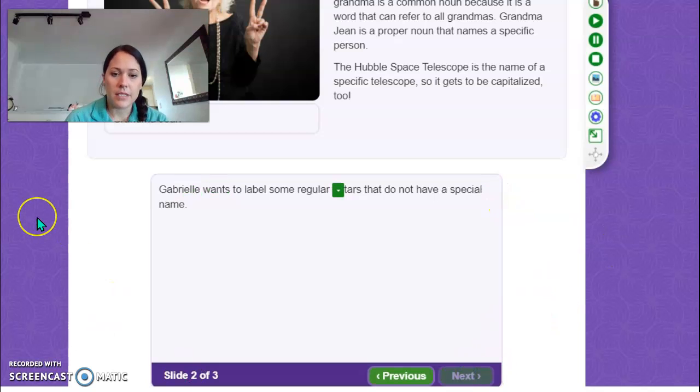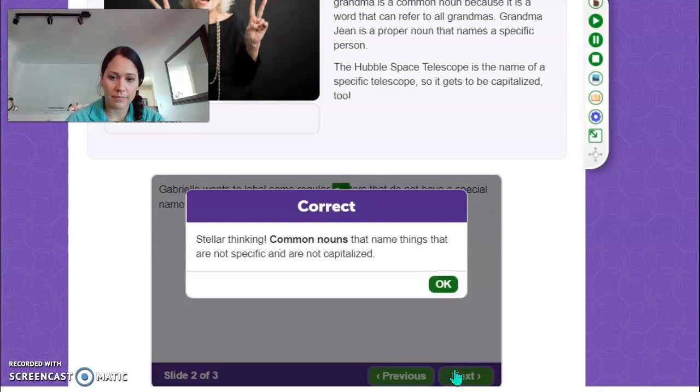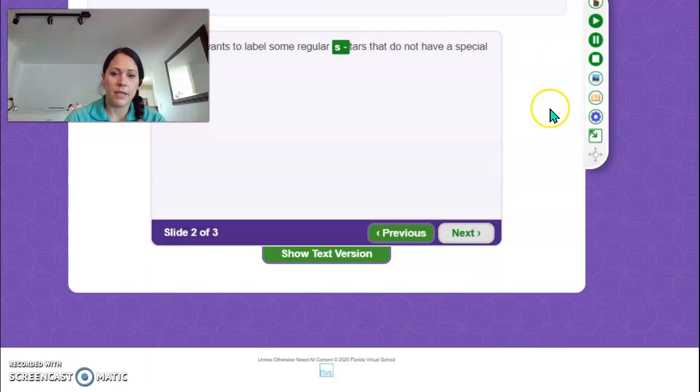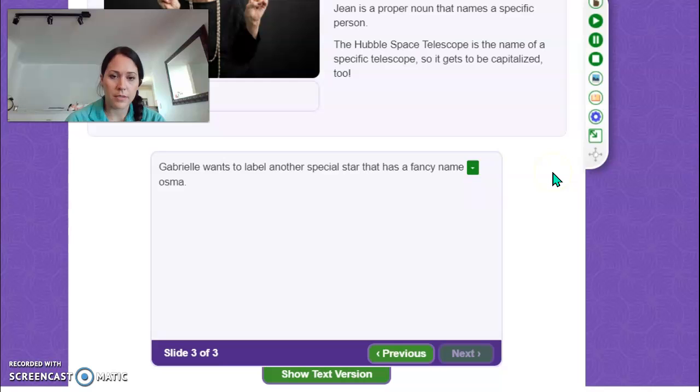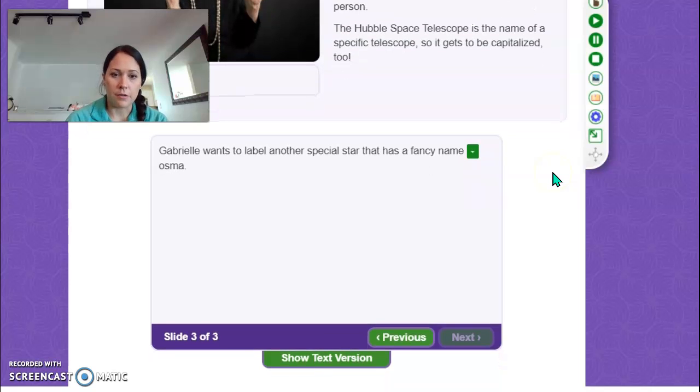Okay, let's go on to our next one. Gabrielle wants to label some regular blank that do not have a special name. So if they're regular stars, no special name, would it be capital S or lowercase s? Lowercase, that's correct. Good job. Now, one more practice before we go back to our slideshow.